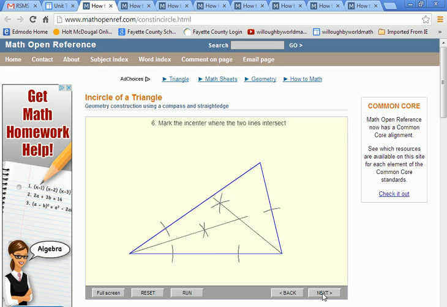So let's watch. There's the in-center. We're going to stretch, arc, arc, shift, arc, shift, arc. This to here is the perpendicular.